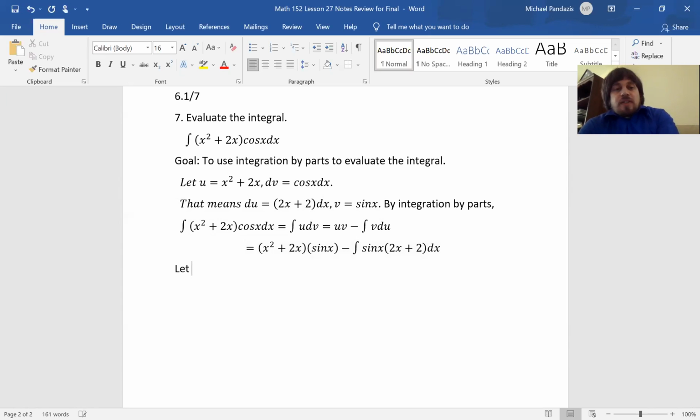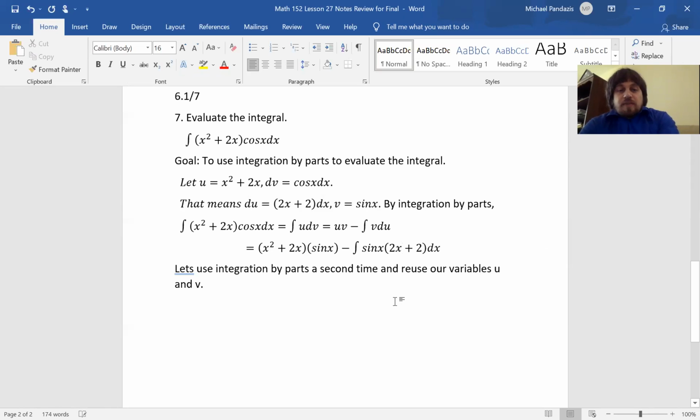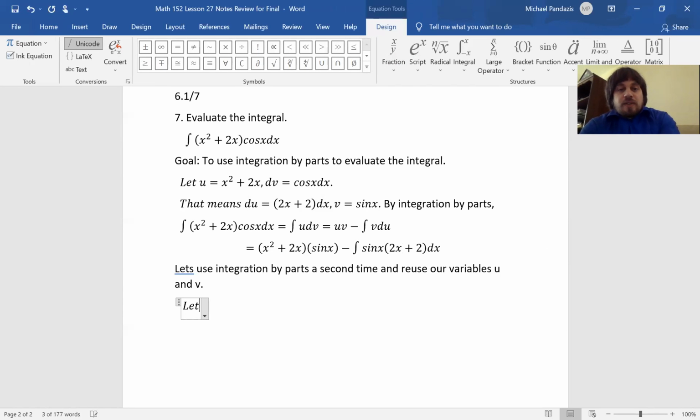So let's use integration by parts a second time and reuse our notation for u and v. I'm going to use u and v again, but they're going to be representing new things.